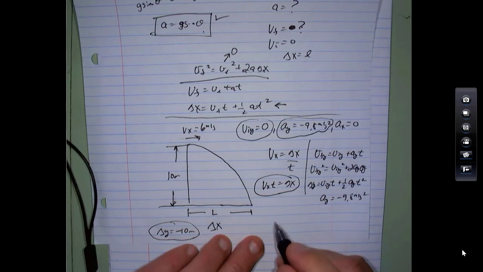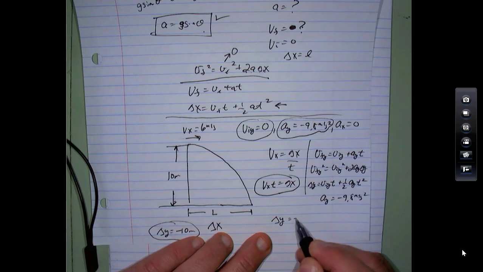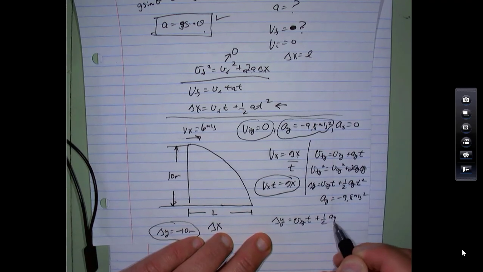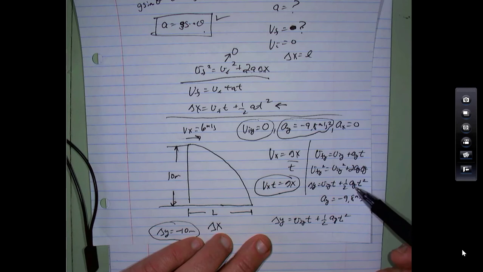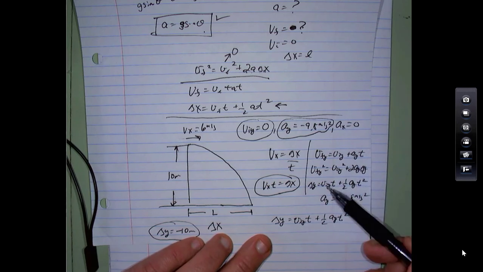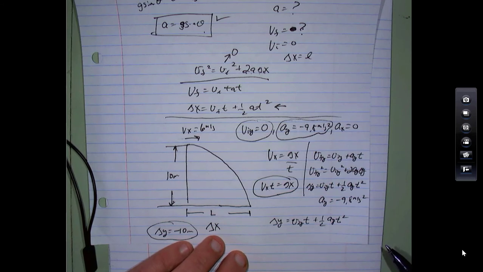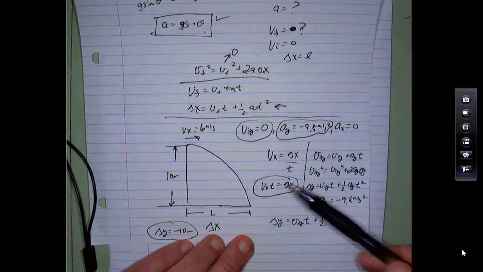So the third equation that I have written, delta y equals initial velocity in the y times time, plus 1/2 acceleration in the y times t squared. It's kind of cumbersome to keep writing subscript y, but I'm just really doing that to emphasize the difference between this is the y direction, this is the x direction.